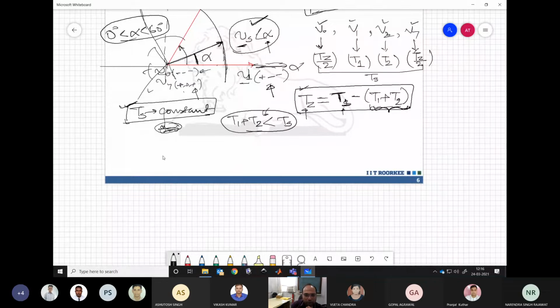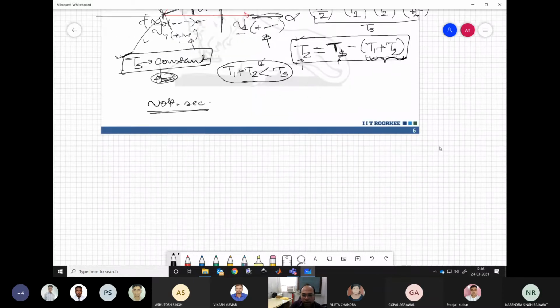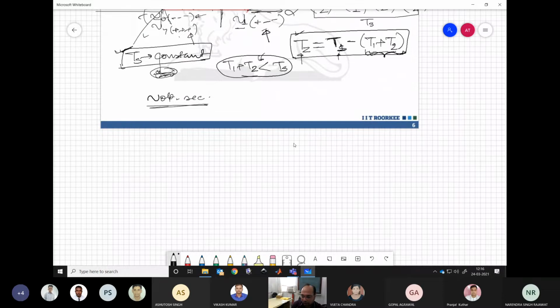We can represent, let's say again, our volt-second balance must come. The average vector Vs angle alpha is to be realized over time Ts, and this is realized by sequentially applying these vectors.